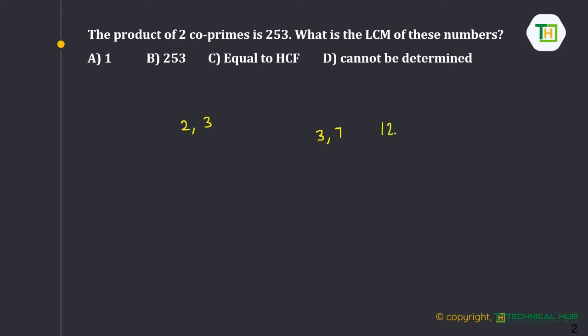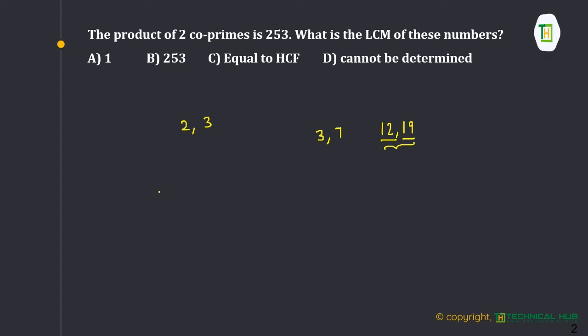If I take 12 and 19, 12 is not a prime number and 19 is a prime number, but we call them co-primes because they do not have any common factor.